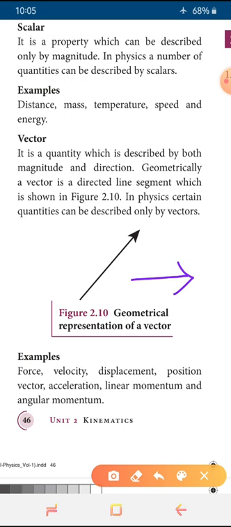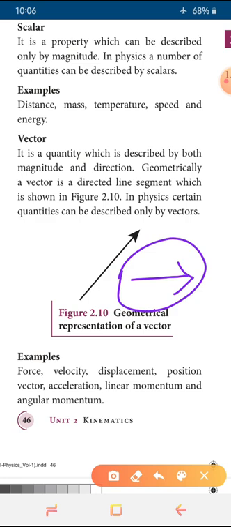Have you understood, children? Vector means it is a quantity which is described by both the magnitude and direction. It will be represented by a straight line with an arrow mark. We are not using this representation for scalar.